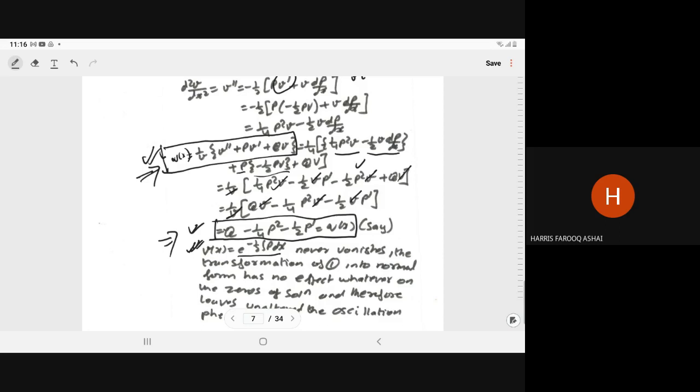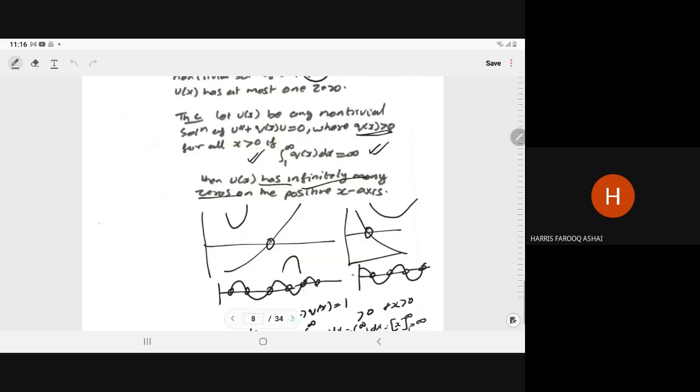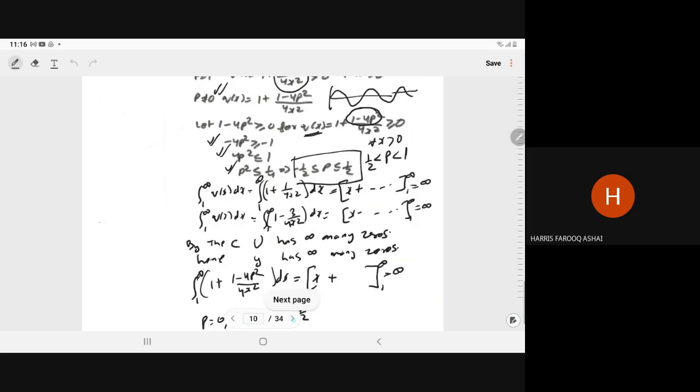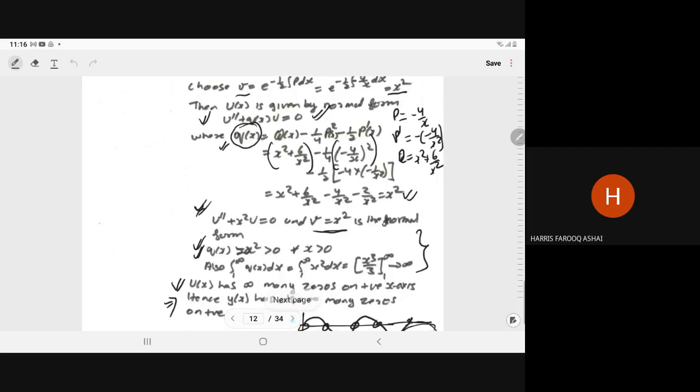From this formula only we have derived this formula, no? Qx is equal to 1 upon v double dash plus p v dash plus qv. From that we have derived q minus 1 by 4 p square minus half p dash. So it's up to you which formula you are using. Clear? Yes, sir.